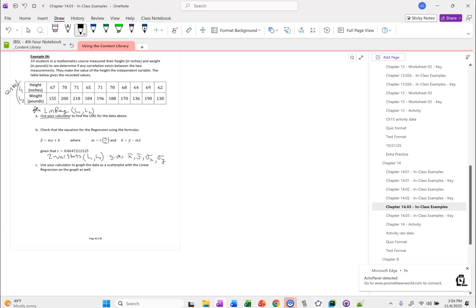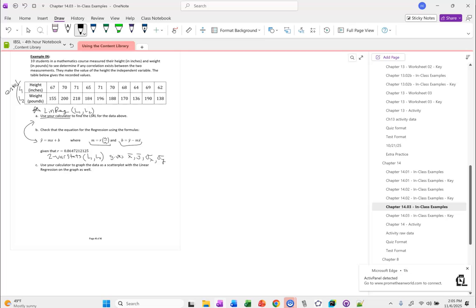Well, this is what your answer looks like over here. So you're just checking for M and B. To do the checking, all I'm gonna do is the two variable stats. That's gonna give me everything I need, and then I can plug everything into the formulas and make sure my M and B in part A match what I'm getting in part B.